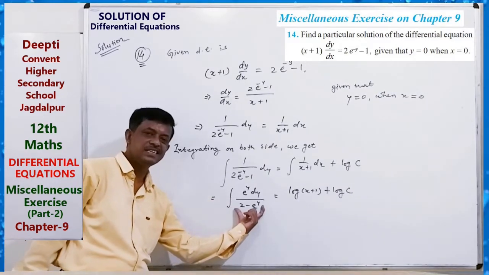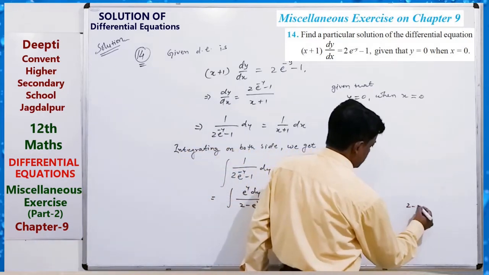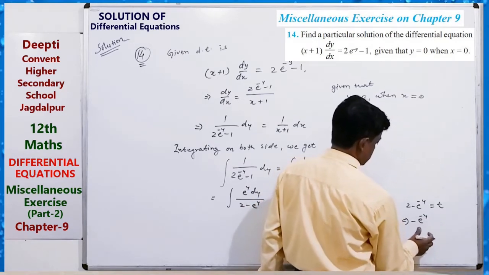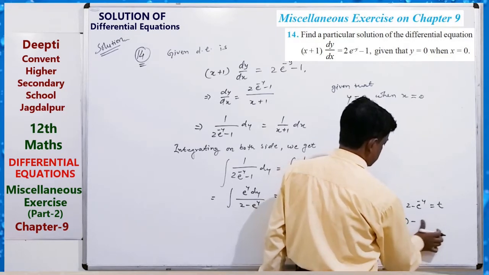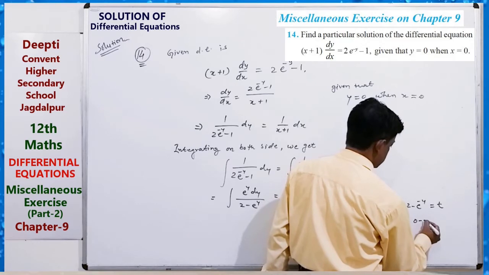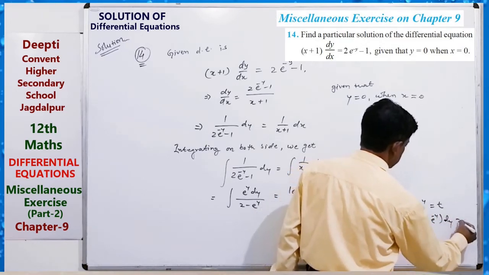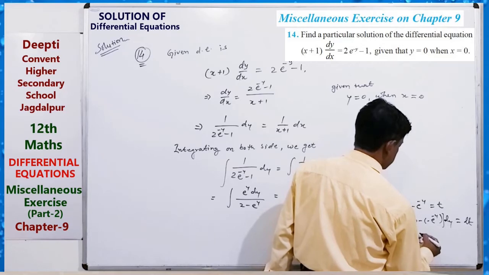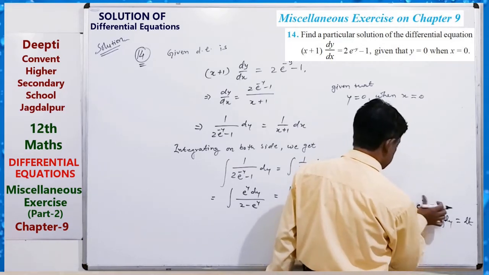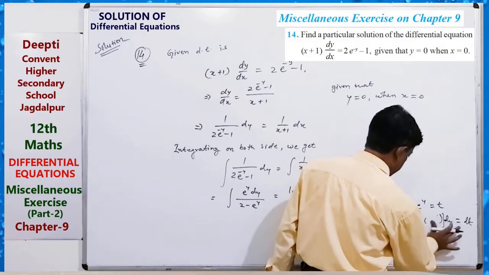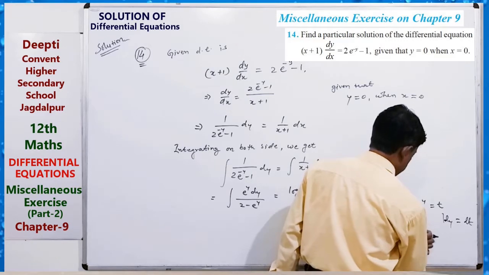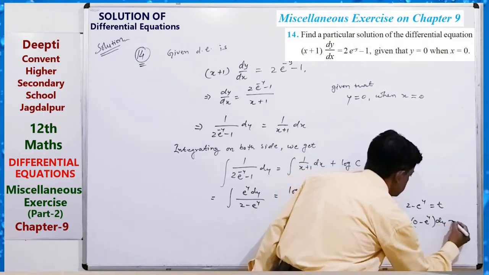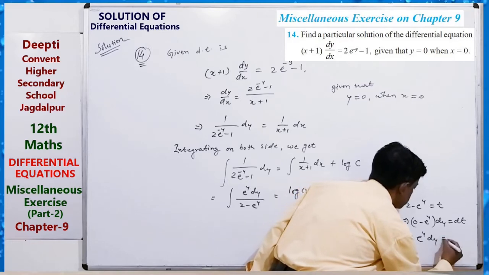If we take this as t, 2 minus e to the power y equals t, implies 0 minus e to the power y dy equals dt. So e to the power y dy equals minus dt. Clear?